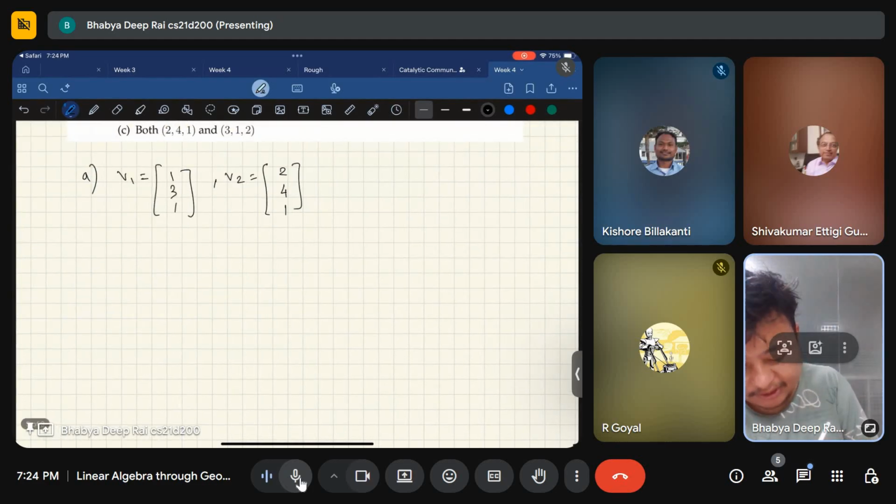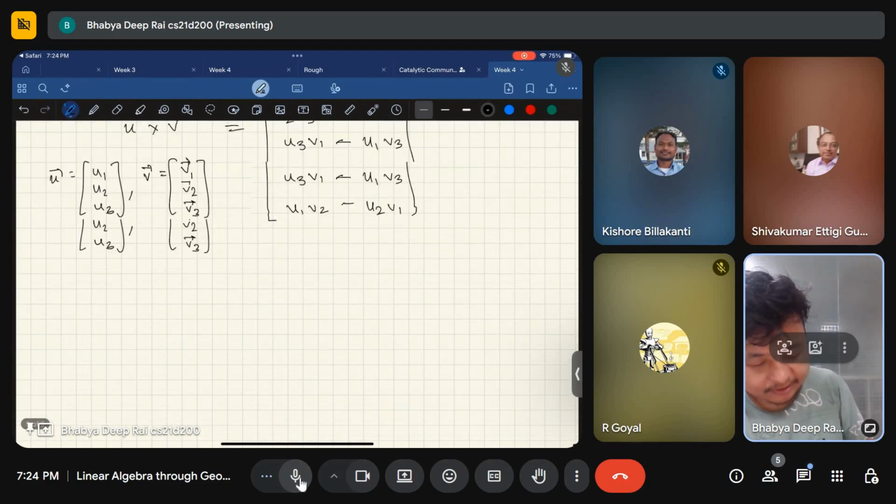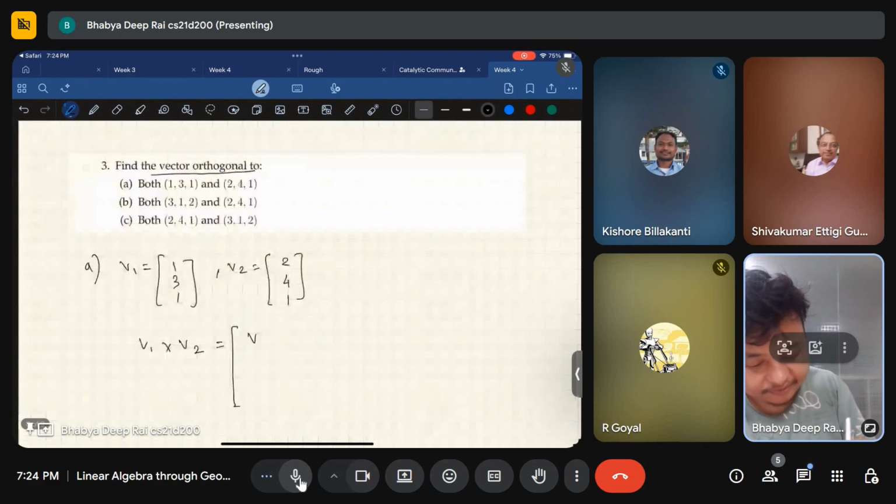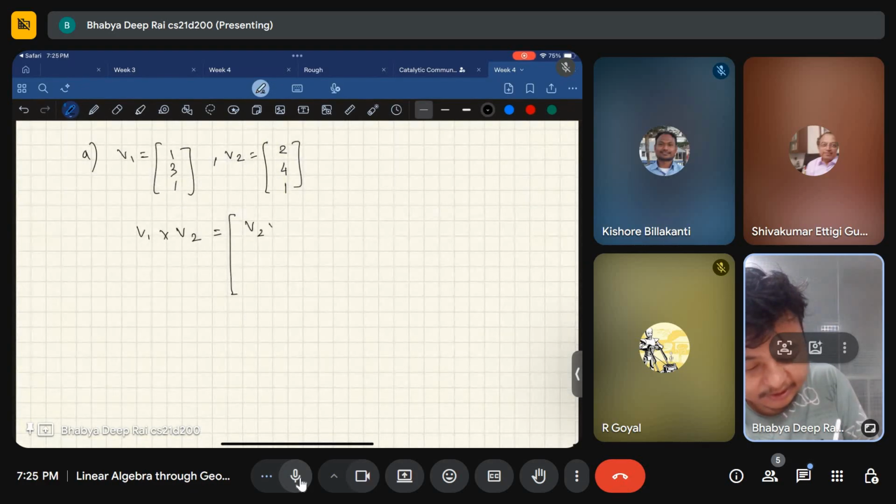And what you want to do is the cross product between V1 and V2, which is nothing but 2, 3, 3, 1, 1, 2.